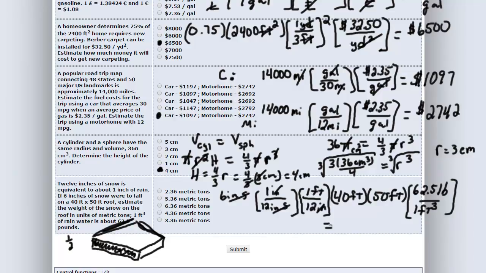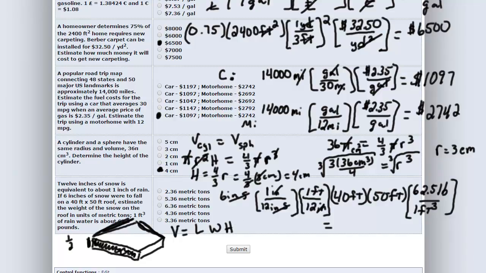So let's just calculate it. So we have 6 inches of snow, and we're going to divide that by 12 because there's 12 inches of snow in every 1 inch of rain. And now we're going to convert this inches into feet, so divide by 12. And then now we have the thickness. We have this thickness in feet, and we're going to multiply this in feet and this in feet, because the volume is a length times a width times a height.